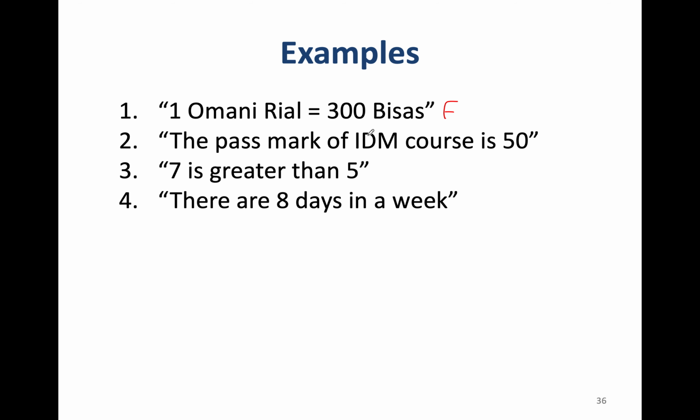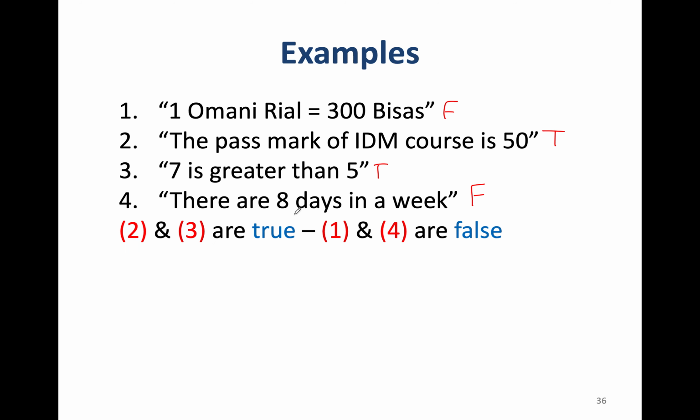The pass mark of the IDM course is 50, and we can see that this statement is true, because in order to pass IDM, which is Introduction to Discrete Mathematics, you need to have in your grade at least 50. 7 is greater than 5. True. There are 8 days in a week, and you can decide here that this sentence is false because we do have 7 days in a week. Now, from here, you can see that 2 and 3 are true, 1 and 4 are false.